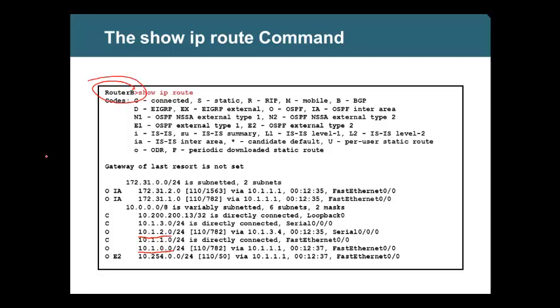So router B belongs to the same area where these two networks are coming from. Simple O, intra. This router B has learned it because of type 1 and type 2 LSAs.